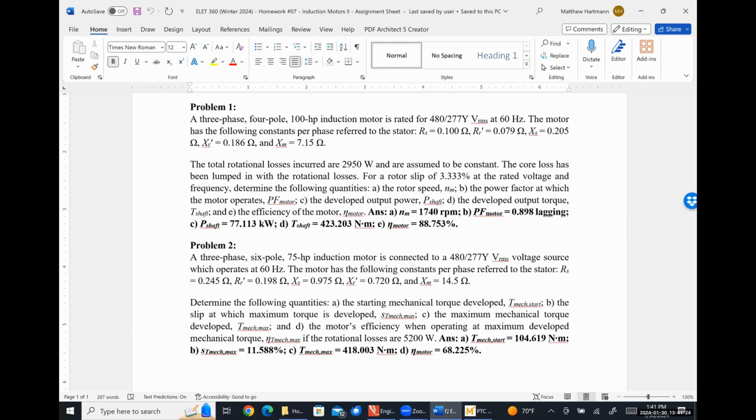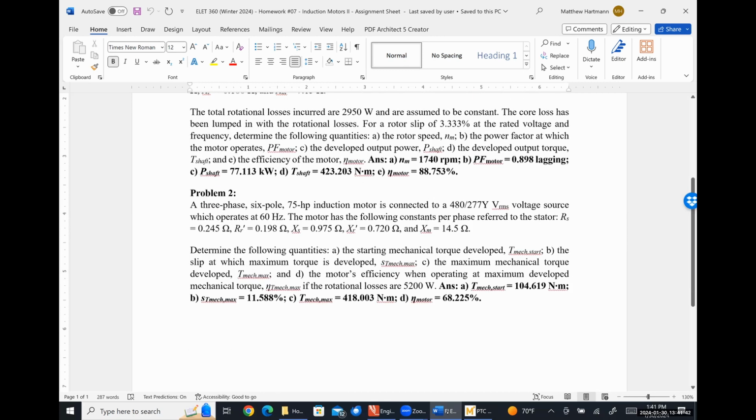Looking back at my notes, specifically dealing with the Thevenin equivalent circuit, we had equations explicitly for our starting torque, which is what we're asking for here, right?